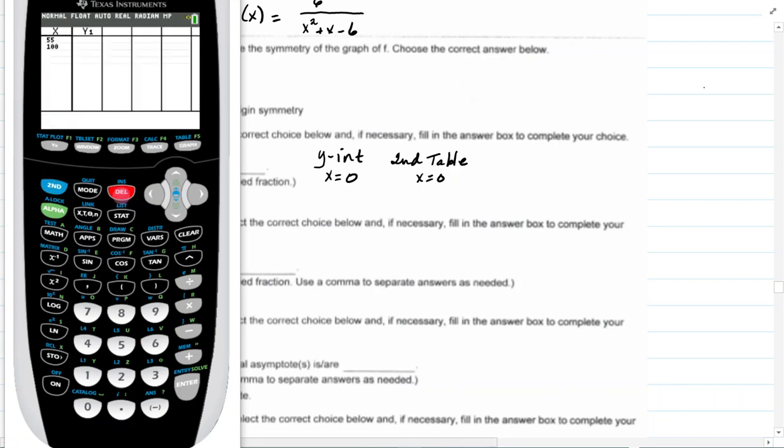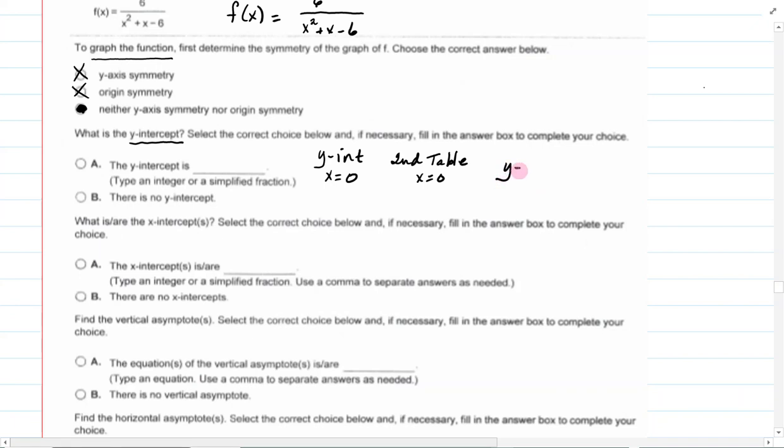We do second table. There are some things in there. Just for clarity, I'm going to delete them. I don't have to. If I type in x is 0 and hit enter, I get -1. The y-intercept is -1. So this is how I do y-intercepts.